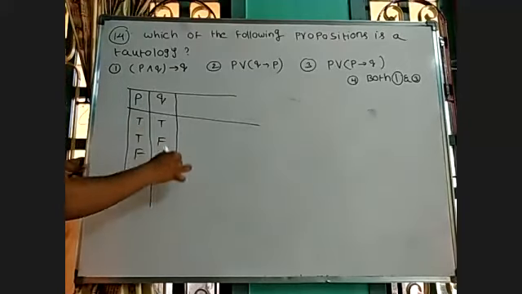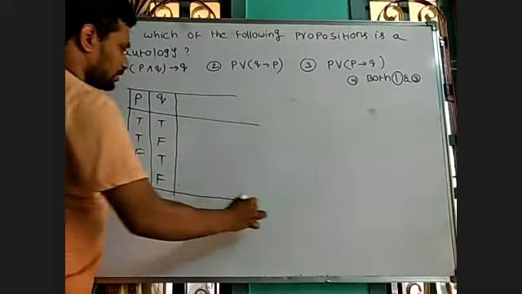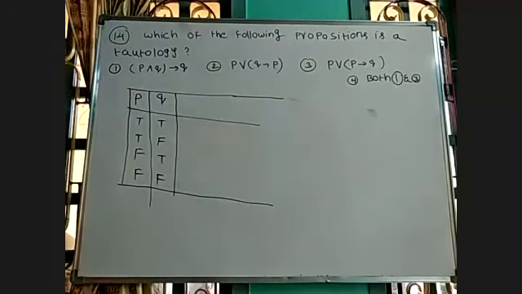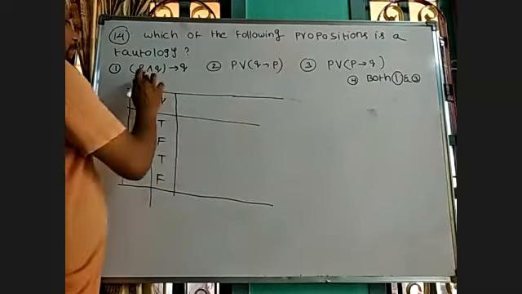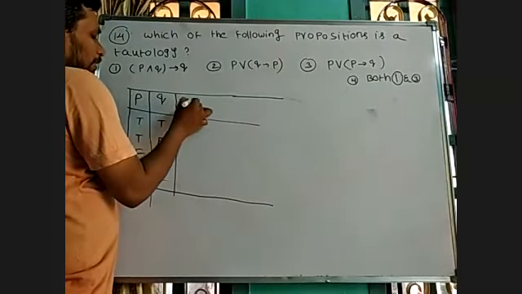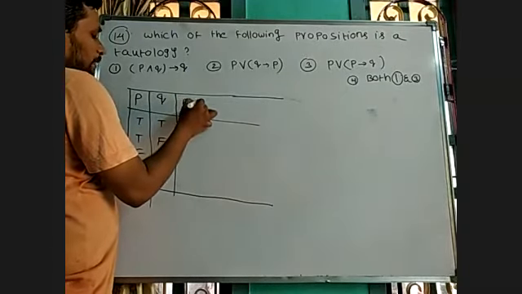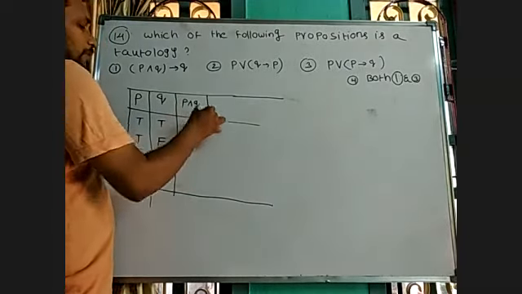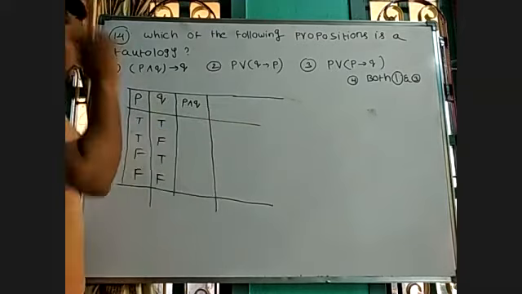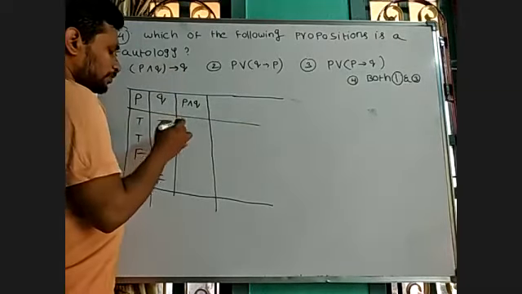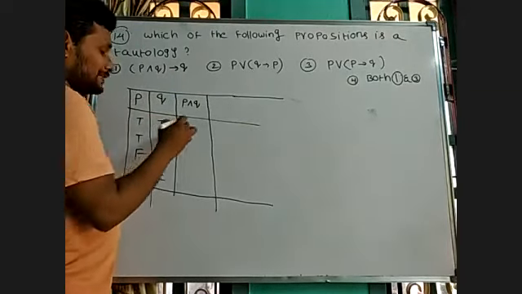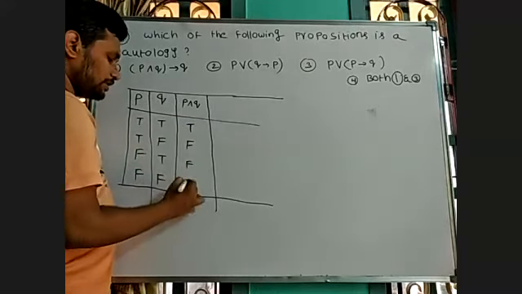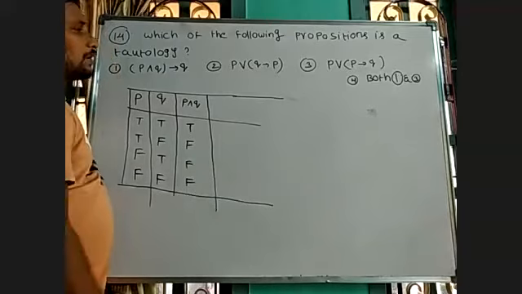Next, see there what they gave. P and Q. P and Q is solved first. P and Q means true, true, and means true. This is false. This is also false. This is also false.